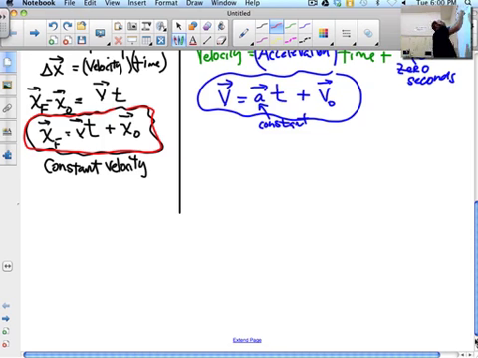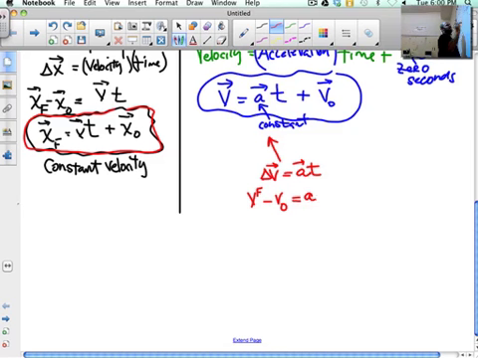So again, change in v is equal to at, right? So that means that v final minus v initial is equal to at, right?